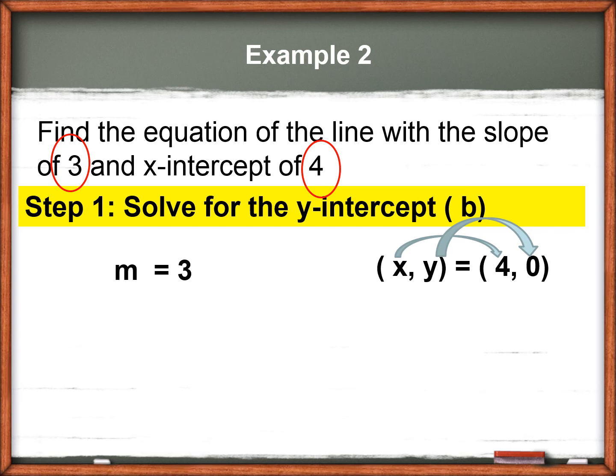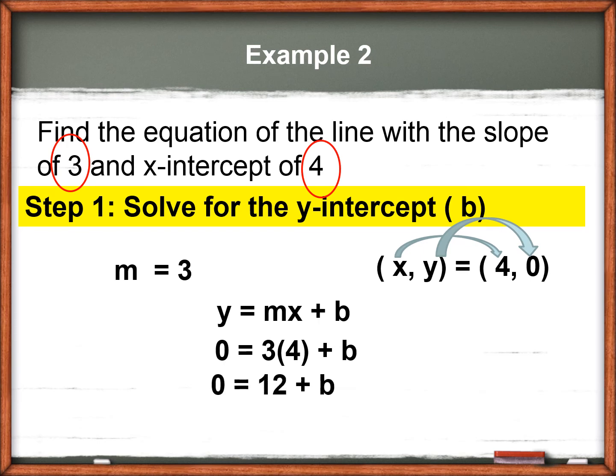Now, substituting the given value of the slope, or the given m, and the given point, or the x-intercept, in the slope-intercept form, which is y equals mx plus b, we will have 0 equals 3 quantity 4 plus b. Our y is 0, our m is 3, our x is 4.